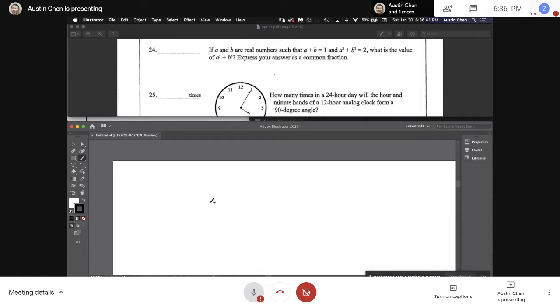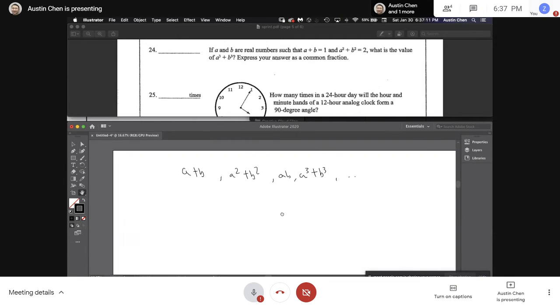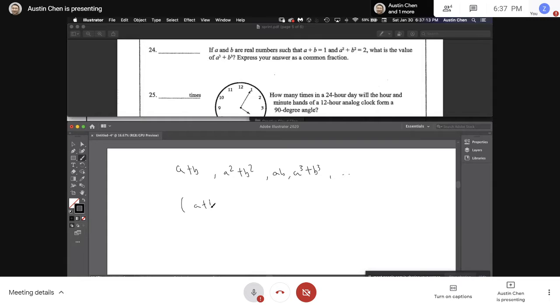This is a common type of problem that shows up in AMC and MATHCOUNTS and stuff. You're given some parts of a plus b, a squared plus b squared, ab, a cubed plus b cubed, and maybe some other stuff, and you want to find one or the other. How you do it is you square a plus b and then subtract ab, and this equals a squared plus b squared.